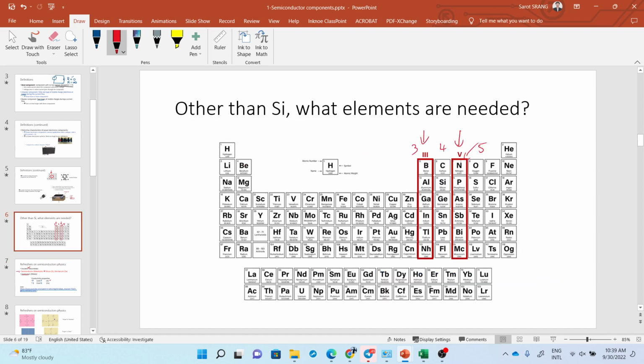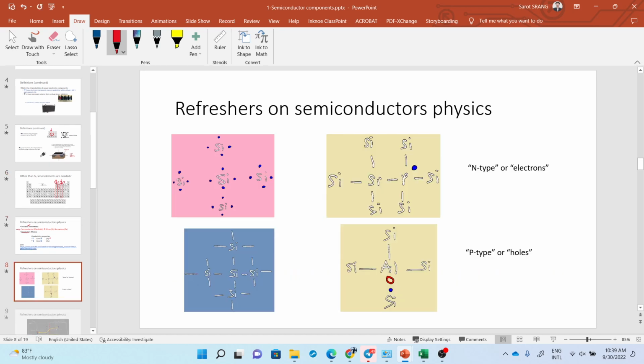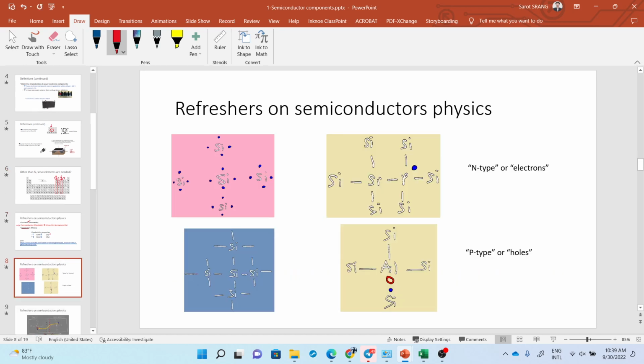How do we use the material in this column and the material in this column with silicon to make a semiconductor? Actually, here is the key. For silicon, the most outer layer has 4 electrons.